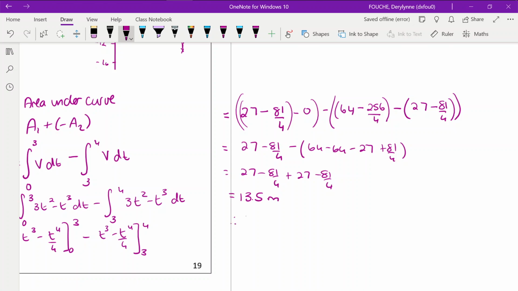So the total distance traveled in 4 seconds is 13.5 meters, even though my displacement is 0.